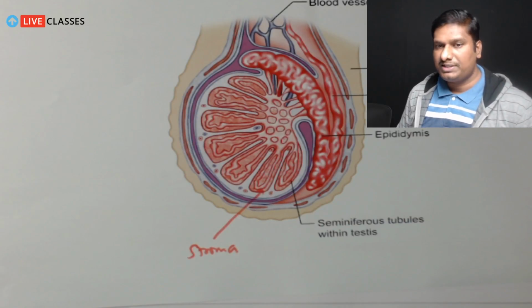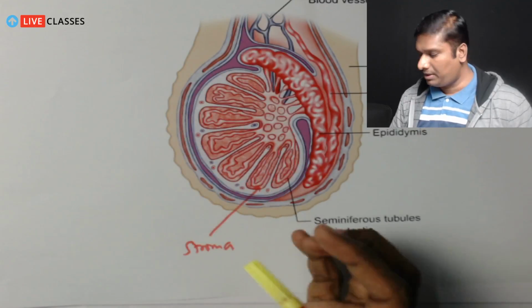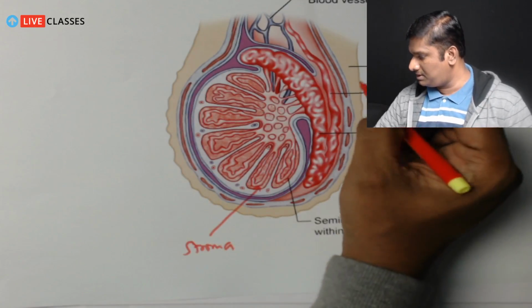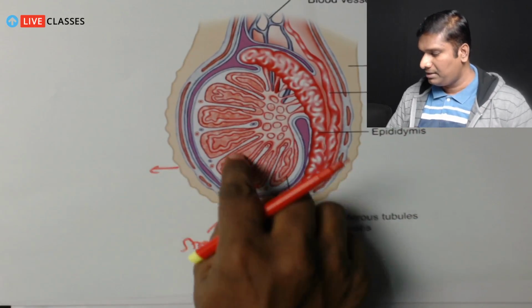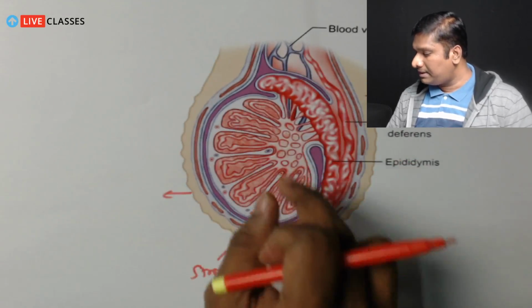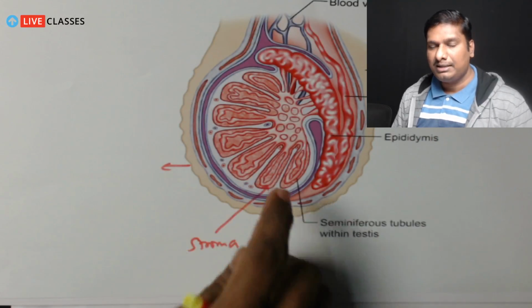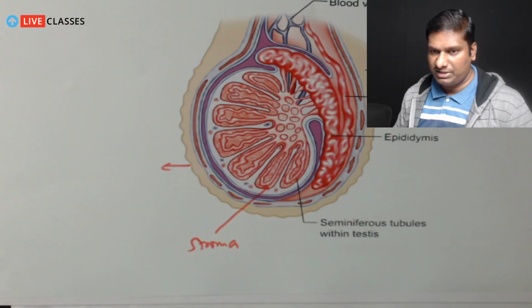This is your scrotum, the sac carrying your testis. The entire testis is made up of seminiferous tubules and the tissue surrounding them.